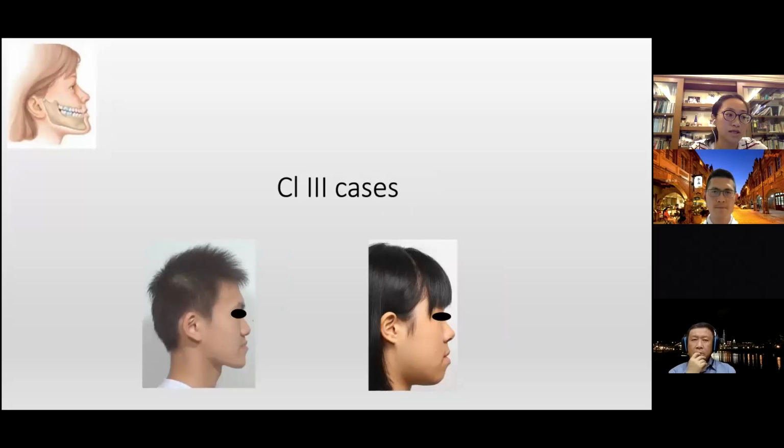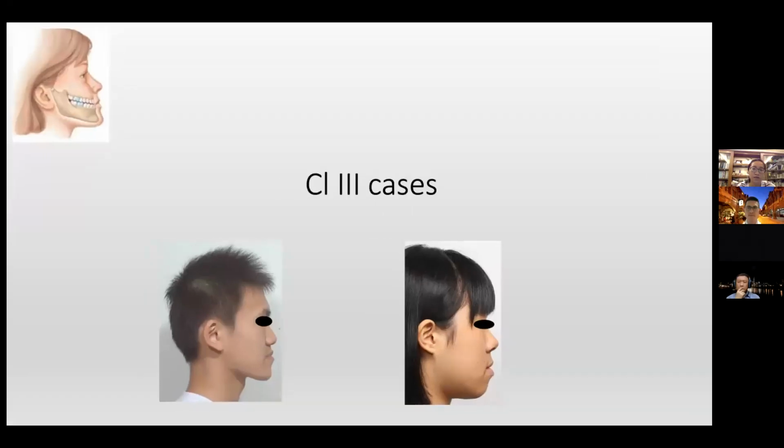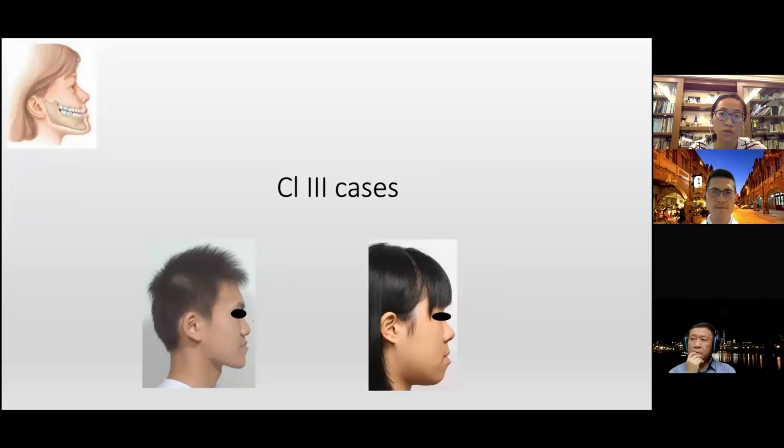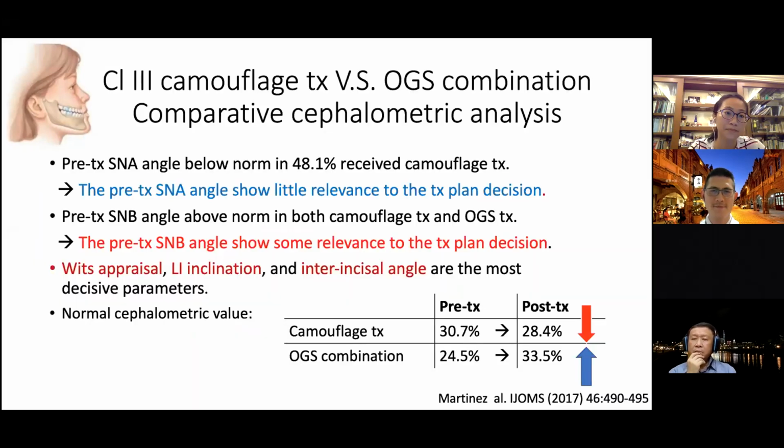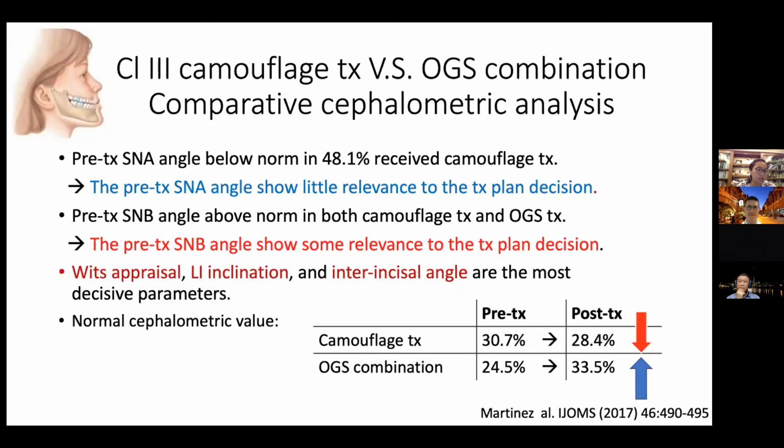Then we will see the class 3 cases. In the below 2 cases, would you choose camouflage treatment or OGS? The 2011 Martinez study showed that the initial SNB rather than the SNA is related to the treatment plan decision.